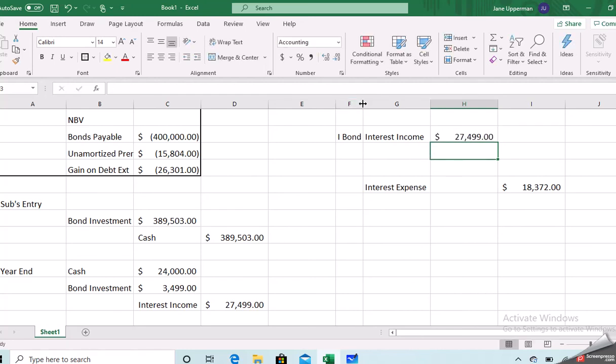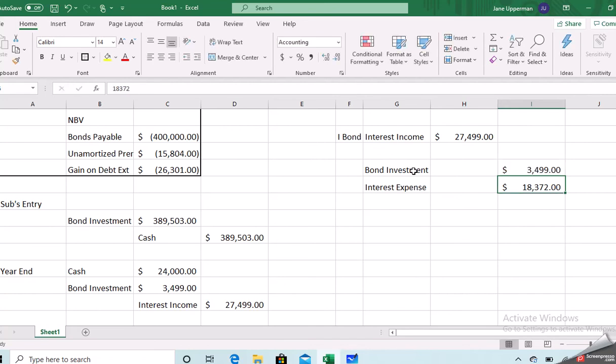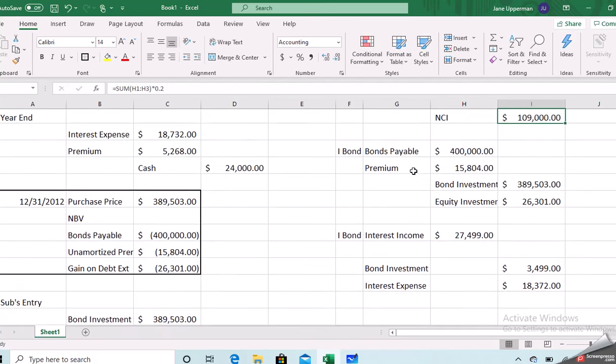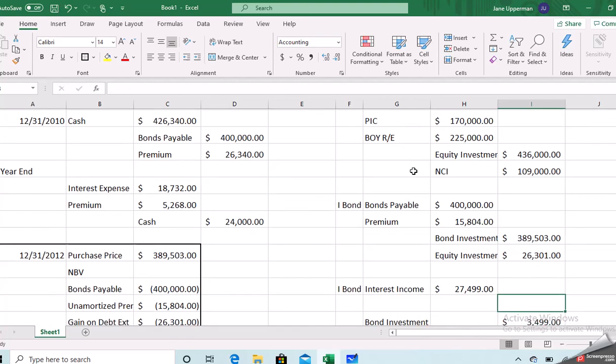Then what's in the middle though is what I do, because again, it just seems easier to me. I reverse these entries. So if this year-end entry is a debit to bond investment, I'm going to credit it for that 3,499. And then if I look up at the year-end entry for the parent, they're debiting their premium for 5,268.